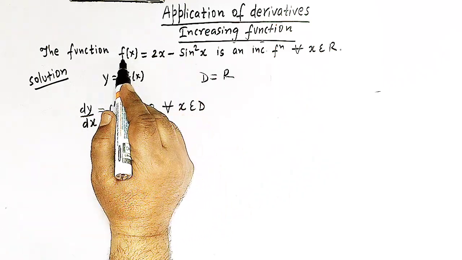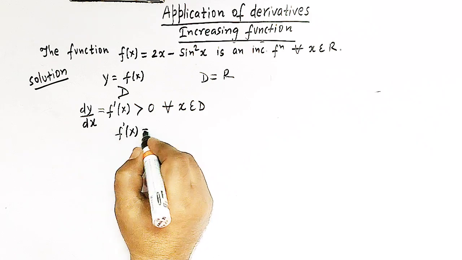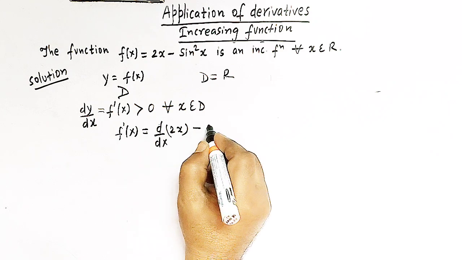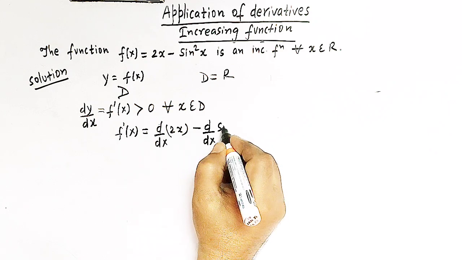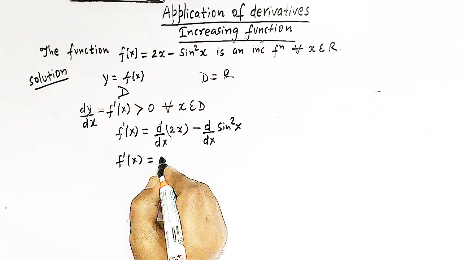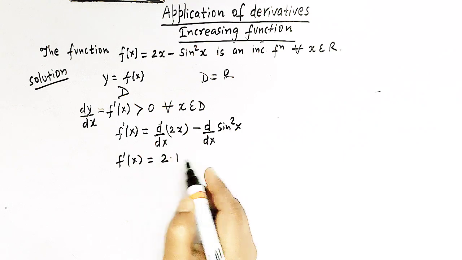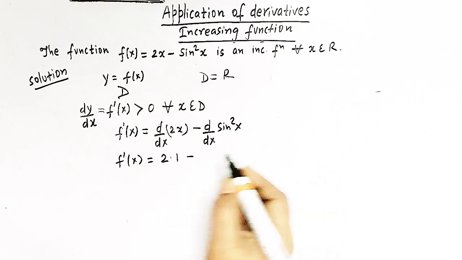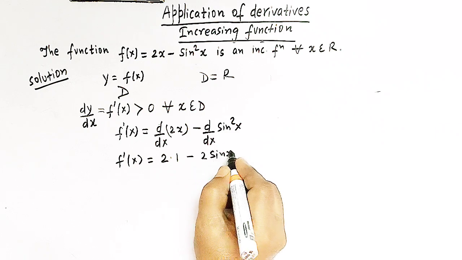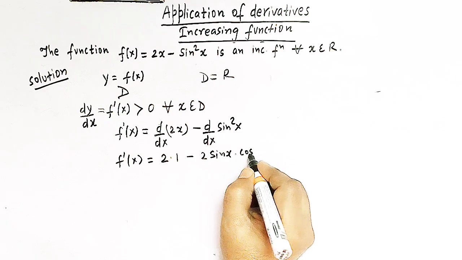Now let us differentiate this function with respect to x. So f prime of x is given by d by dx of 2x, and then we have d by dx of sine square x. Now f prime of x is given by 2 times 1, since the derivative of x with respect to x is 1, and here we have the derivative of sine square x as 2 sine x, and then by chain rule the derivative of sine x is cosine x.